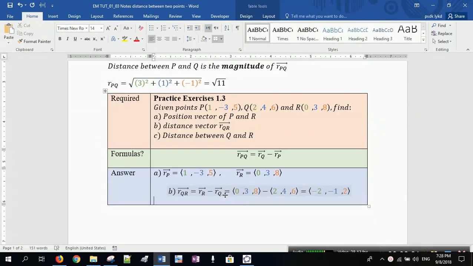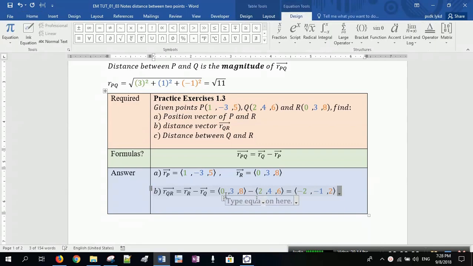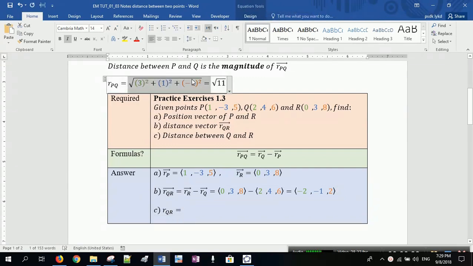Part C is asking for the distance between point Q and R. So part C is the distance, not the distance vector. So the distance is the magnitude of the distance vector.